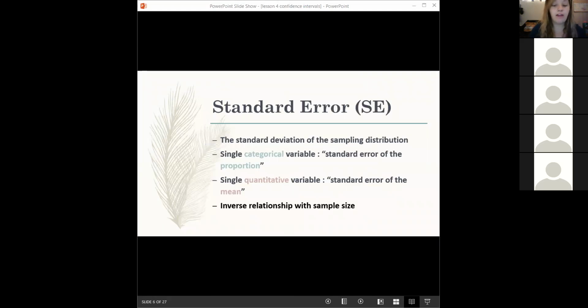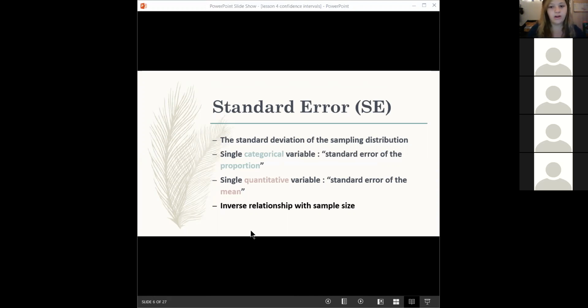Okay, standard error. It's a standard deviation, but specifically the standard deviation of our sampling distribution. Keep in mind that whenever we're talking about categorical variables, we're talking about proportions, and anytime we're talking about quantitative variables, we're talking about means. You're never going to have a quantitative variable with a proportion.